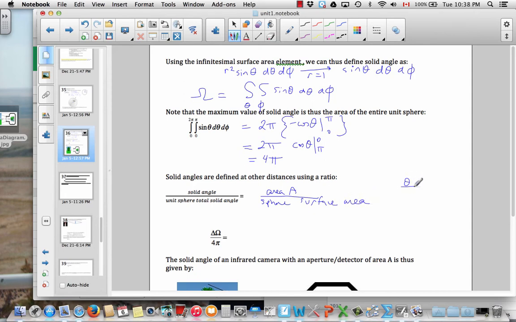So remember, we said theta over 2 pi was a ratio of arc length to circumference. Here we're saying omega, that's my symbol for solid angle, over 4 pi, because there's 4 pi steradians in a sphere, equals the area A over 4 pi r squared. That's the surface area of a sphere of radius r.